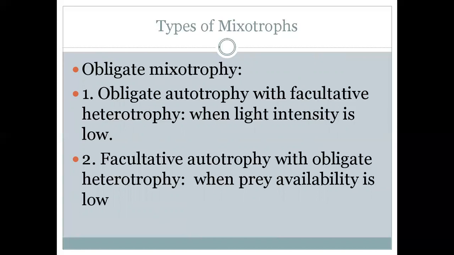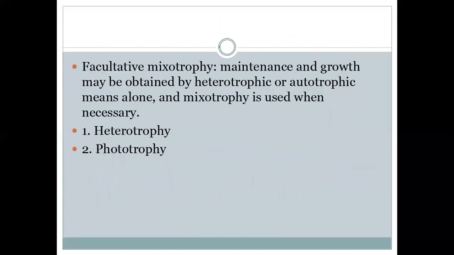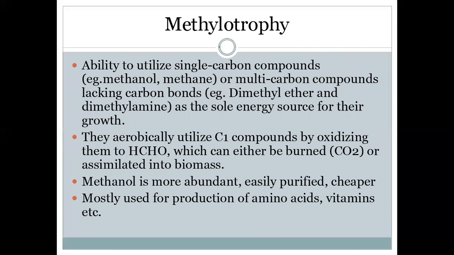Here, the organism is actually a heterotroph, but when the source of nutrition is not available, it can also survive as an autotroph for some time. Maintenance and growth may be obtained by heterotrophic and autotrophic means alone, and mixotrophy is used when necessary. It has only one type of nutrition, but when there is a requirement, it can change to another type of nutrition.